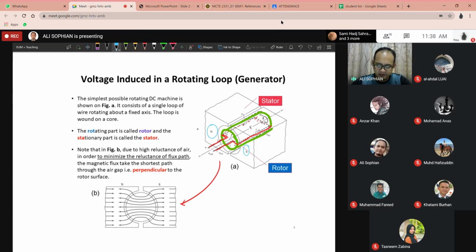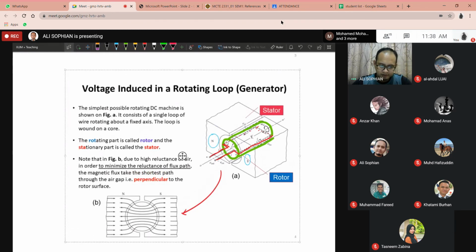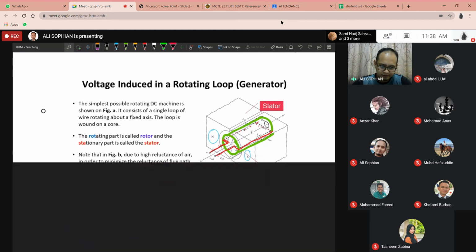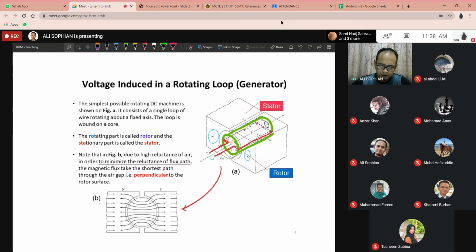Now, if you look from the front side, it looks like figure B. The middle part is the rotor, and it's located between two magnetic poles, this and this, north and south poles.